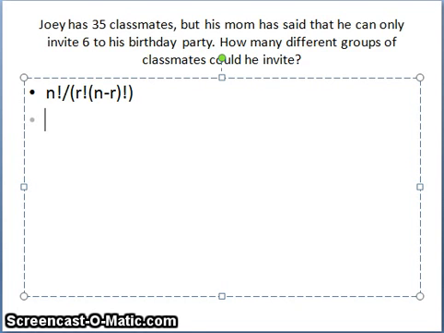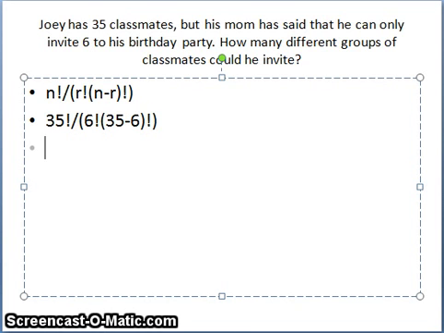What would n be here? n is 35, so it's 35 factorial, divided by r, the number of people that we're picking, which is 6, so 6 factorial, times n minus r, which will be 35 minus 6.